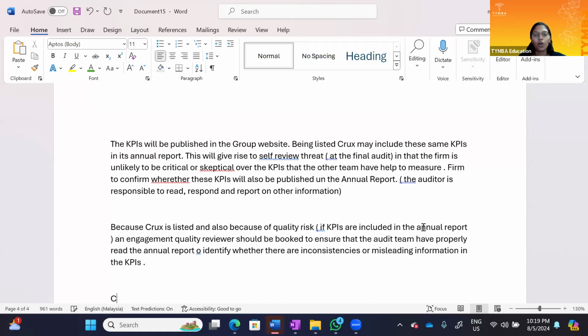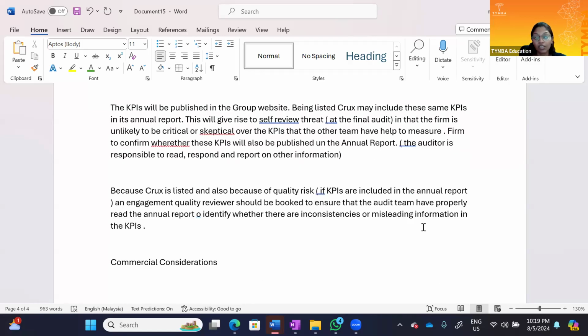One last point on commercial considerations. That's on the fees.